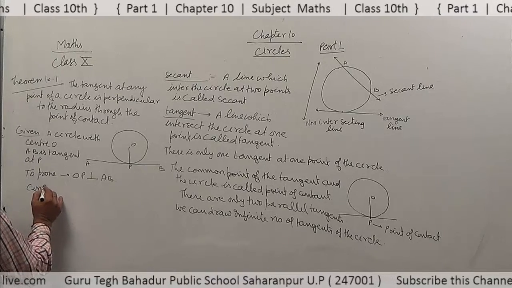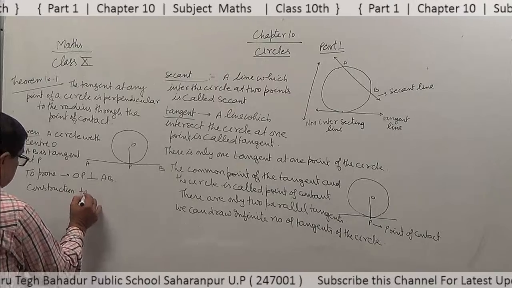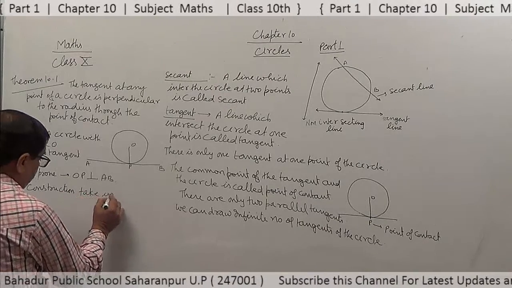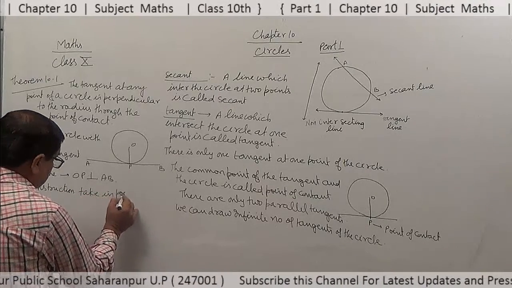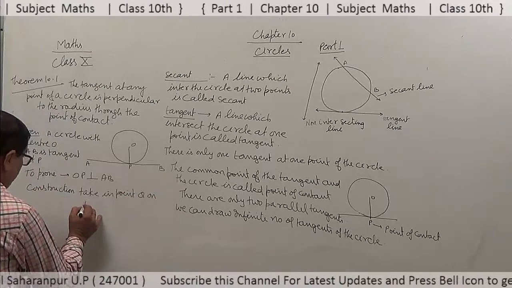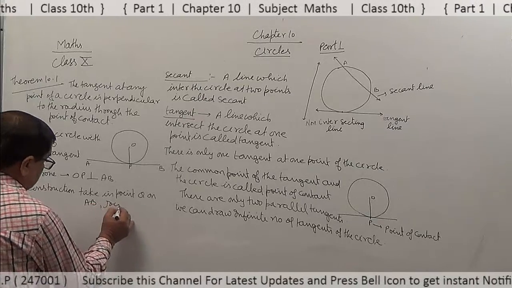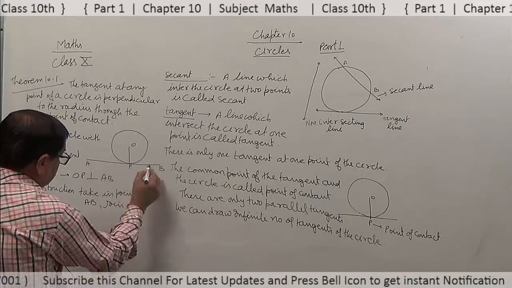Construction: take any point Q on AB, join OQ.